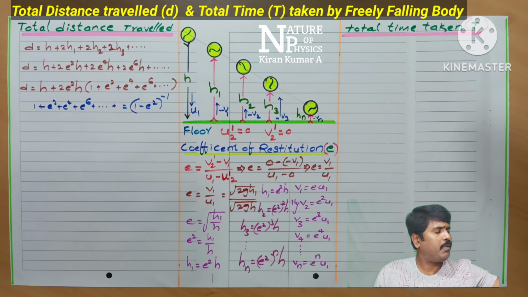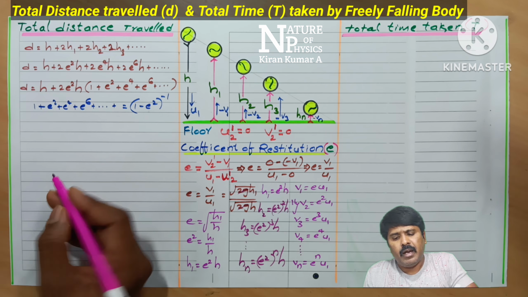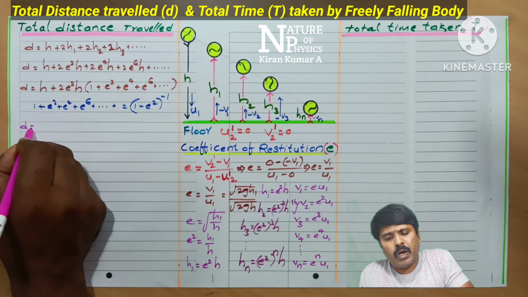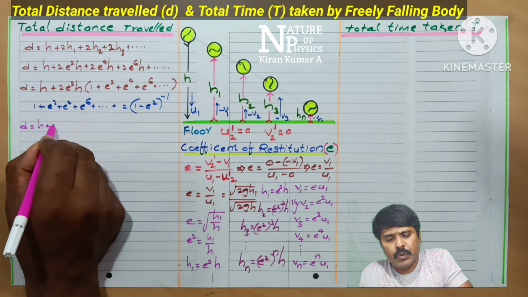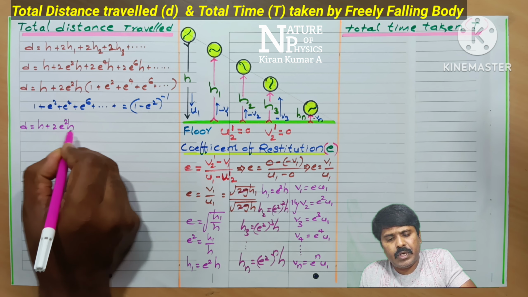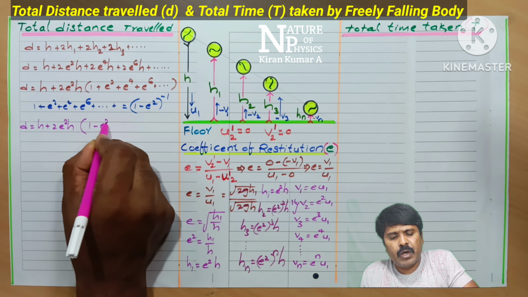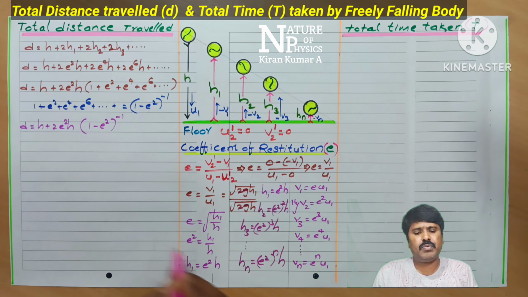Okay, the value is replaced in the above equation, and next step we can write here, this is d, which is equal to h plus 2 e² h into this value, (1 minus e²) to the power of minus 1.